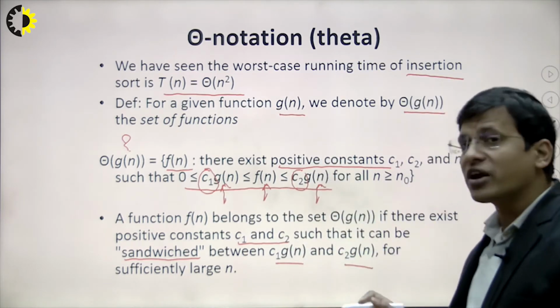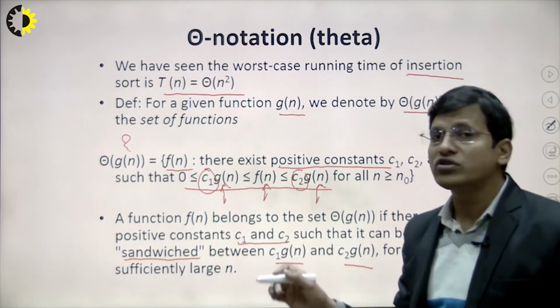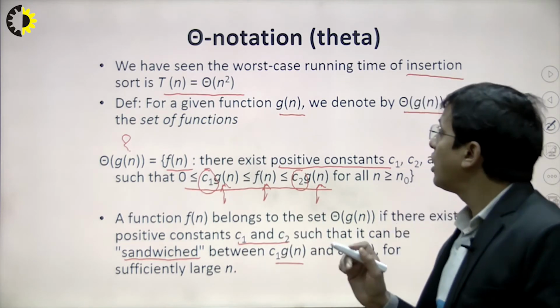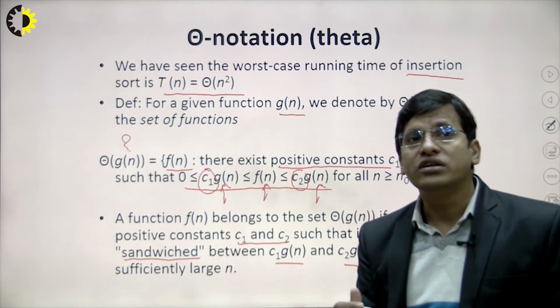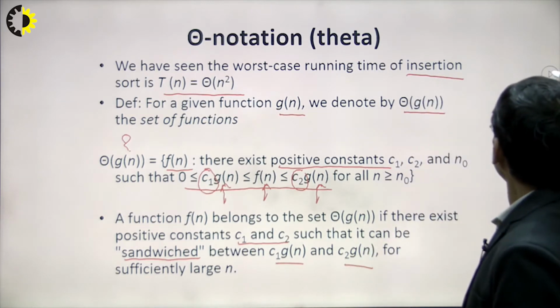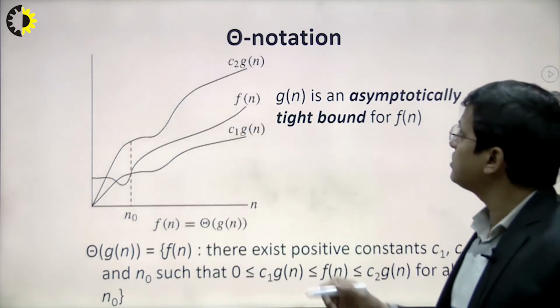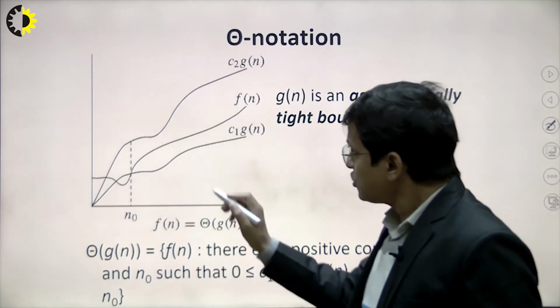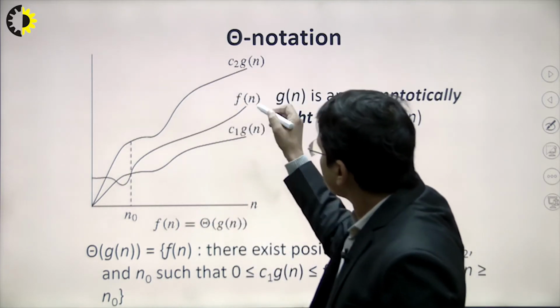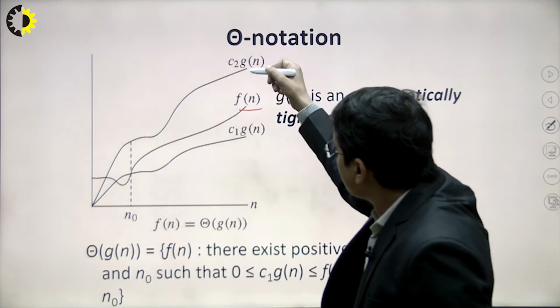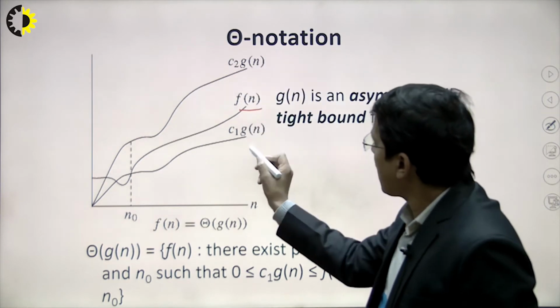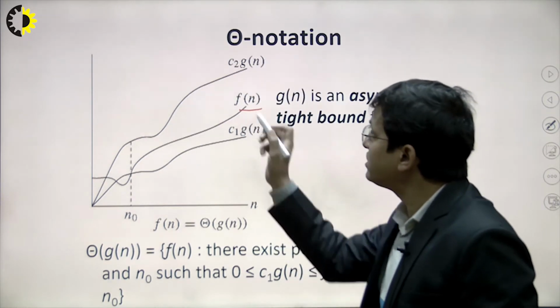Now we see some graphical representation of theta notation, so that we can understand how theta notation works, right? As we can see here, f of n lies between c1 g of n and c2 g of n, and c1 and c2 are constants.